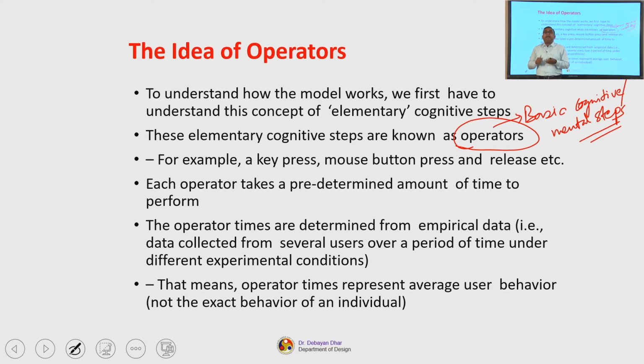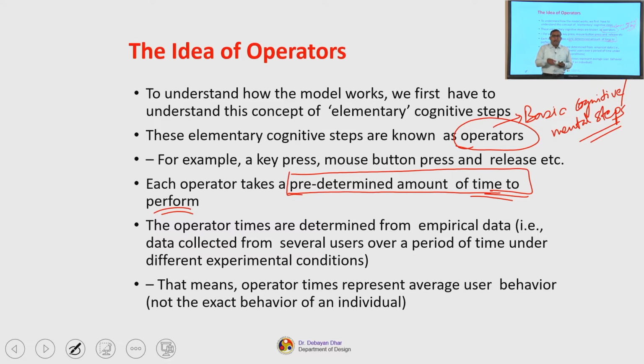So, for example, a key press, you press a key, you press a mouse button or you release the press, these are all elementary steps. So, each operator takes a predetermined amount of time to perform. This is what we are saying, that there is a threshold value. Now, the operator times are determined from empirical data.